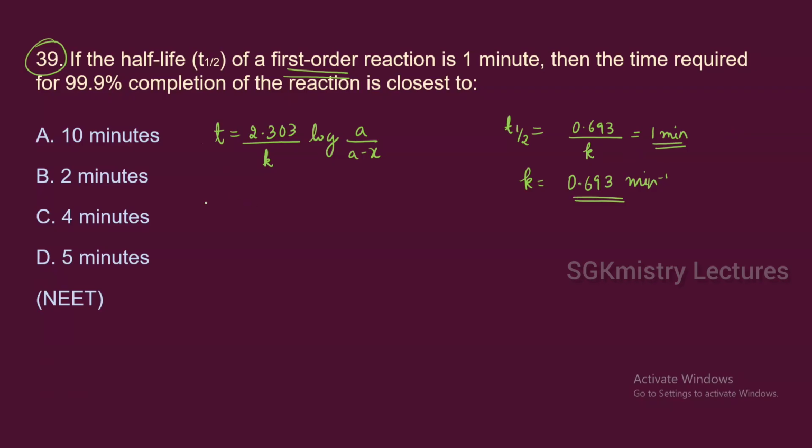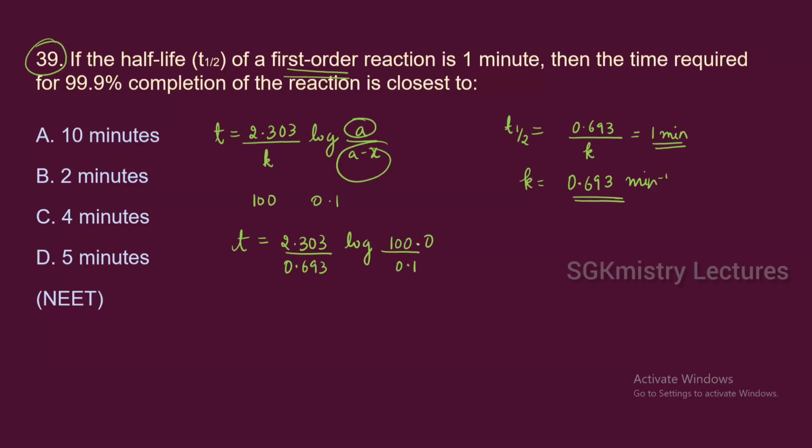Now, 99.9% completion means A is 100, and A minus X will be 0.1, because 99.9 has been completed, so the remaining amount is only 0.1, right? So let us substitute t equal to 2.303 by k, which is already there, 0.693, times log of a, which is 100, over a minus x, which is 0.1.